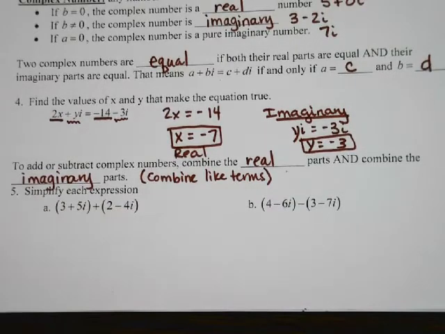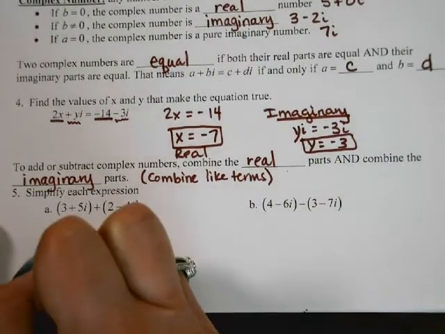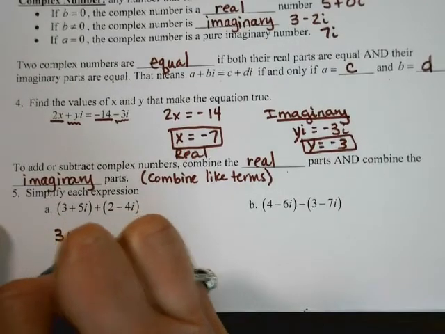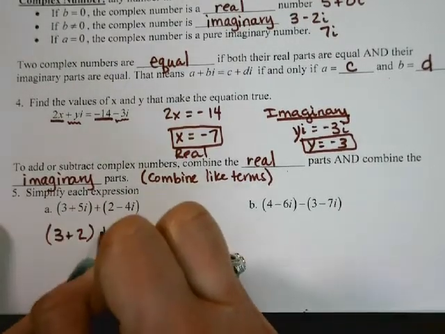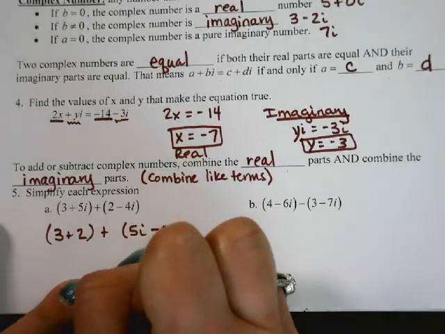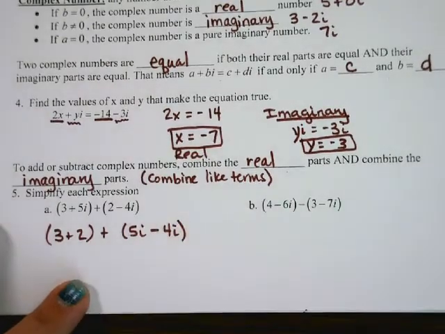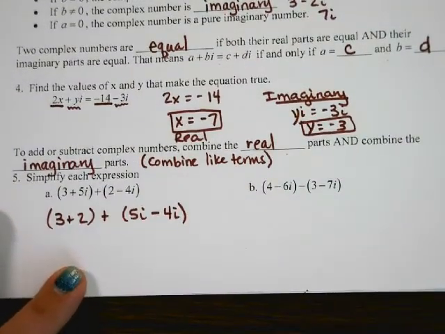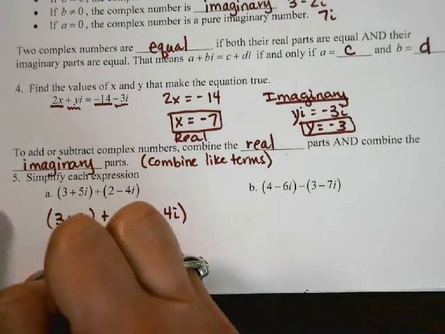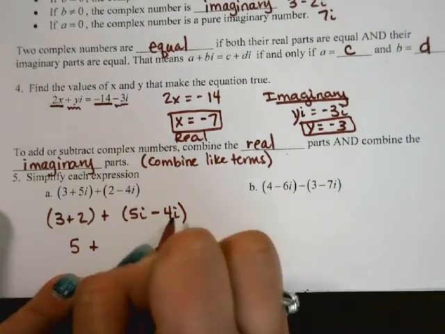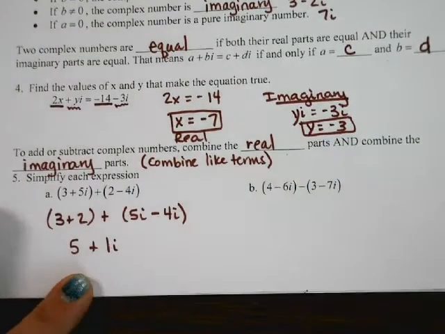We're going to combine their real parts, 3 plus 2, and 5i minus 4i. Well, 3 plus 2 is 5. 5i minus 4i is 1i. So 5 plus 1i.